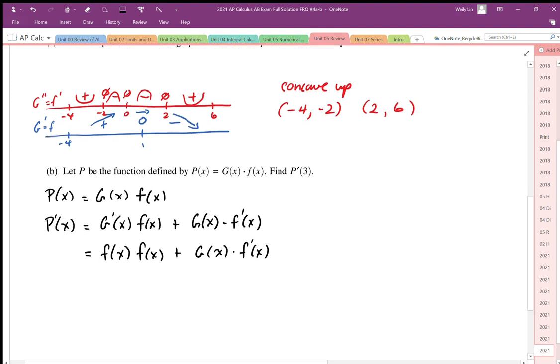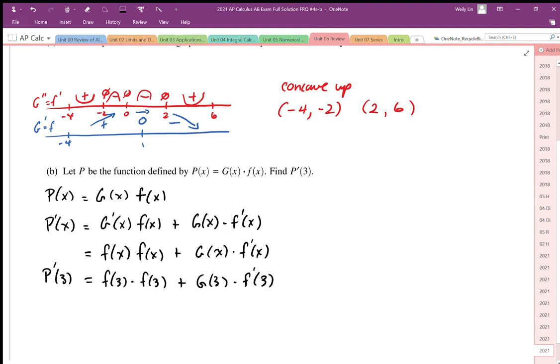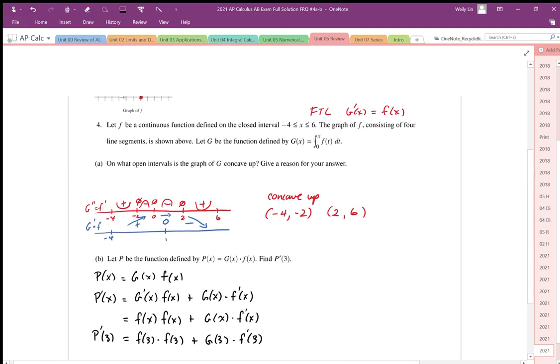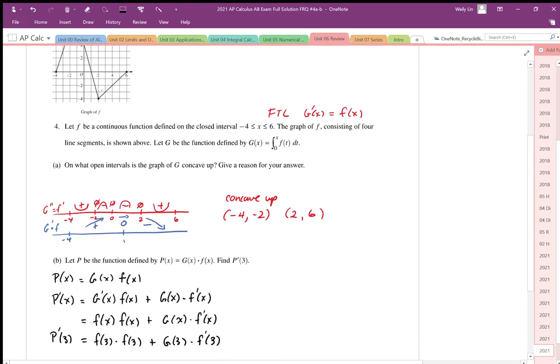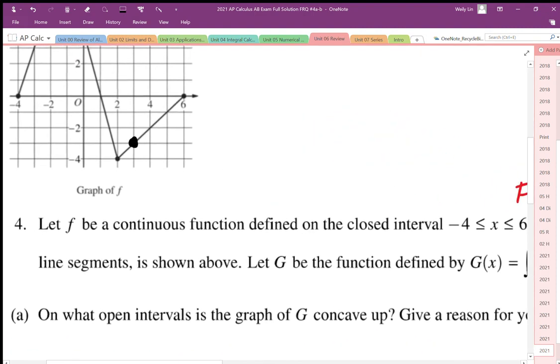If I want to find p prime at 3, I need to find f of 3, I need to find g of 3, and I need to find f prime at 3. Looking at the graph, the value of f at x equals 3 is going to be that point right there. I'm just going to zoom in. That value is negative 3.